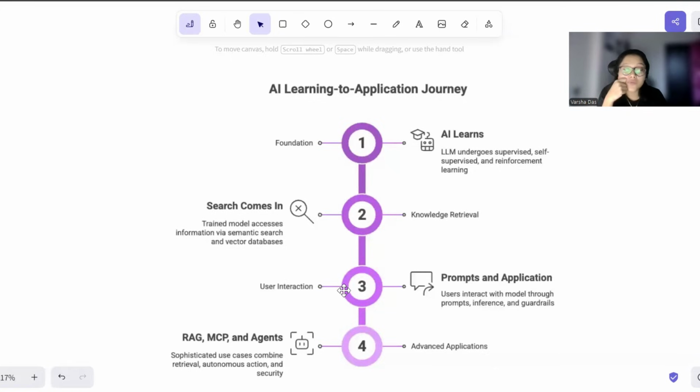Then there are guardrails which have come in. So the world of prompt engineering is a different thing, but consider all of this as a black box, like I'm saying. First learning, then retrieval, and now you're being asked questions. You have to give out meaningful retrieval of information. So that is done. Great. So now we are seeing, hey, our AI is great. It is now able to retrieve whatever I'm asking for.